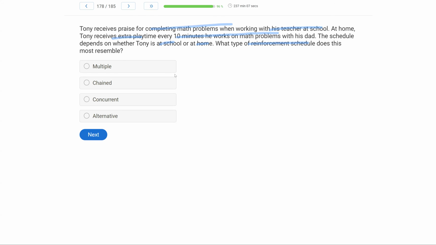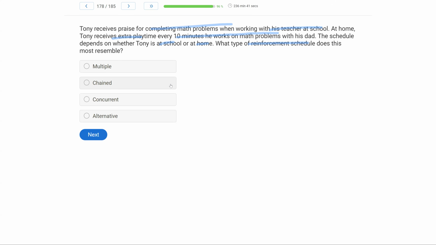A multiple schedule. Yes, the multiple schedule: we've got two or more schedules rotating or available at different times with an SD signaling availability. The mixed schedule is the other type of schedule like this, but the difference is mixed has no SD. A chain schedule is when the schedules need to be completed in a certain order to get reinforcement. Not the case here, no chaining going on.